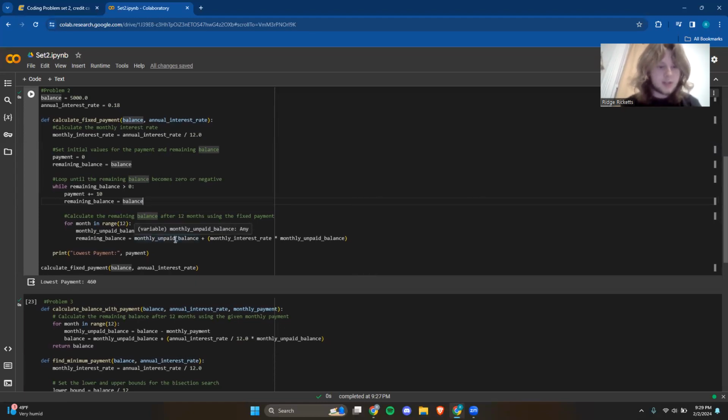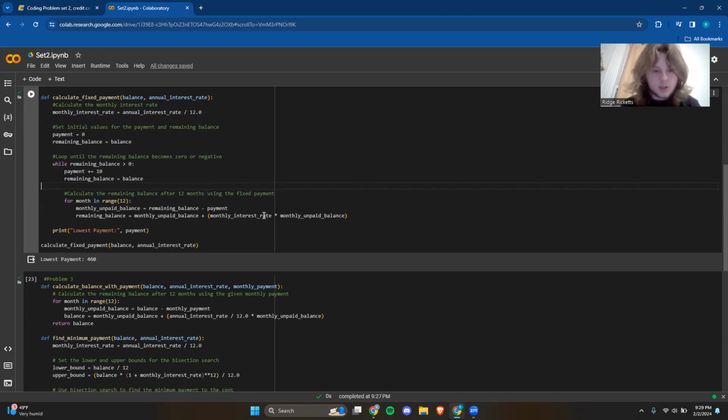For each month, it calculates the monthly unpaid balance and then updates the remaining balance, and considers the interest rate right through here for the remaining. And that will eventually get us our answer.